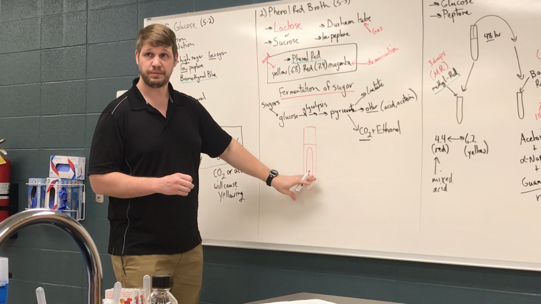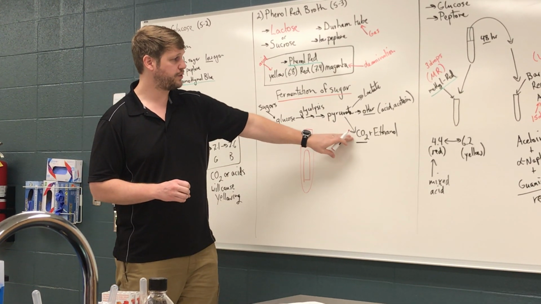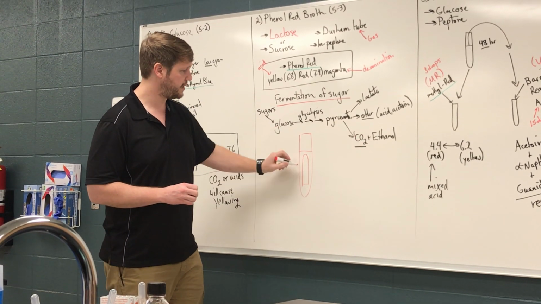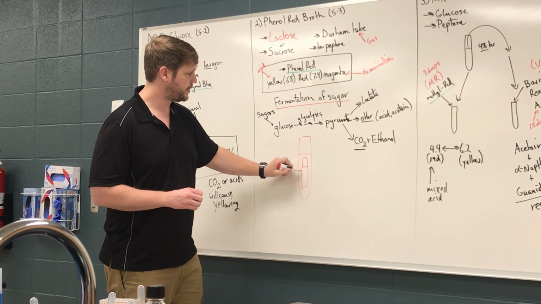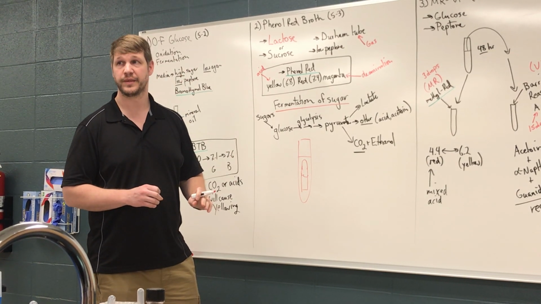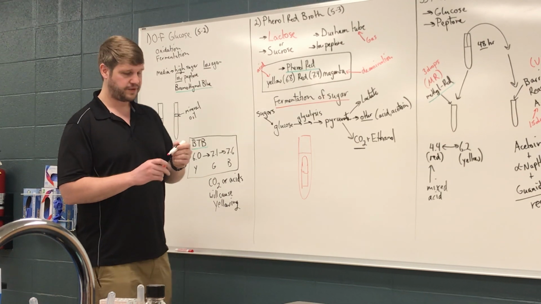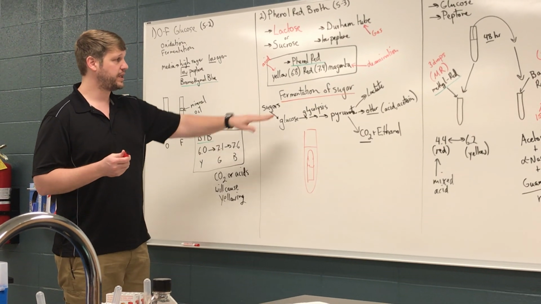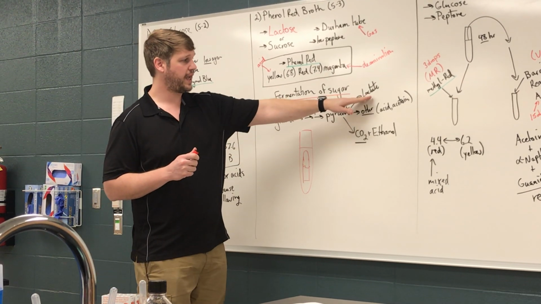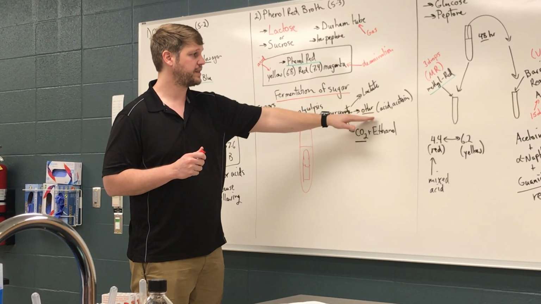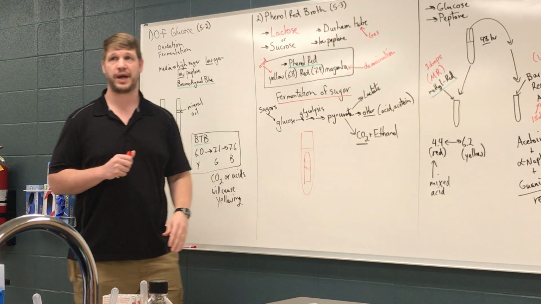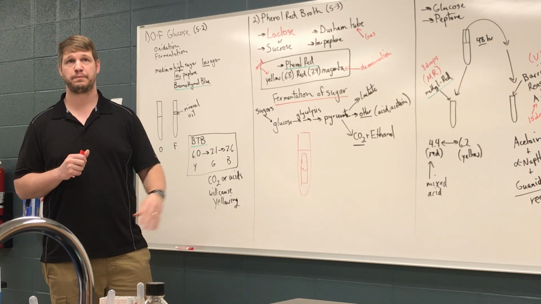And if the bacteria are doing a fermentation that's resulting in the production of a gas like carbon dioxide, you'll actually start to accumulate gas inside of this inverted tube. So this phenol red broth tells us whether the organism is capable of fermenting a sugar to produce an organic acid of some sort, either lactate or another organic acid, and whether they're producing CO2 as a byproduct.